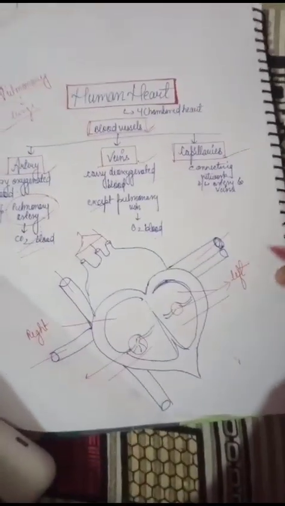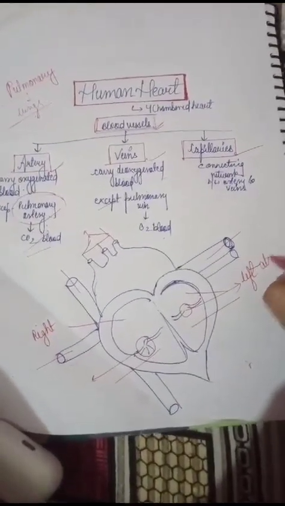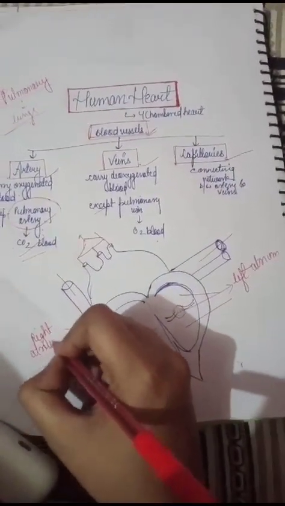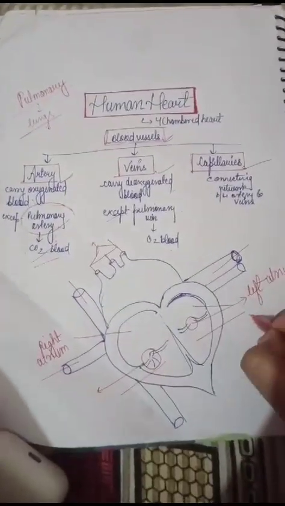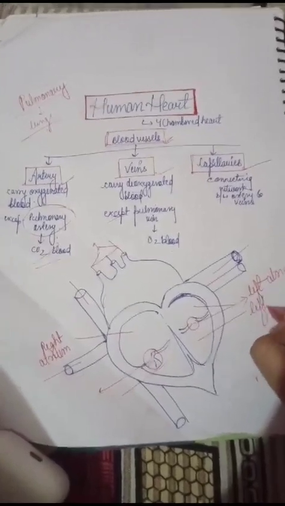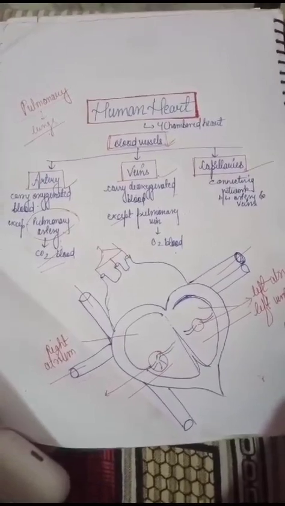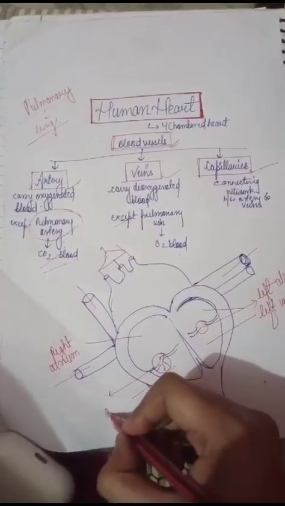So this is the left atrium and this is the right atrium, the upper two chambers. This is the left ventricle, and this is the right ventricle.